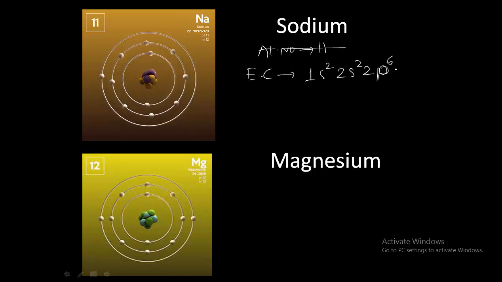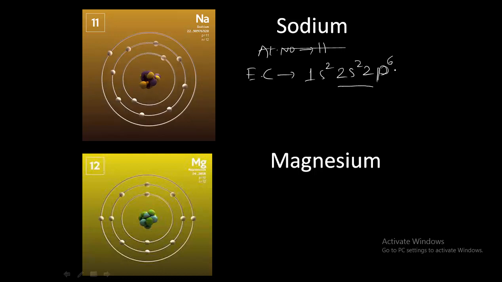It will go to the third shell, because in the second shell the maximum number of electrons will be 8, and those 8 electrons are filled in the second shell, that is 2 electrons in the S subshell and 6 electrons in the P subshell. So totally 8 electrons are filled in the second shell.